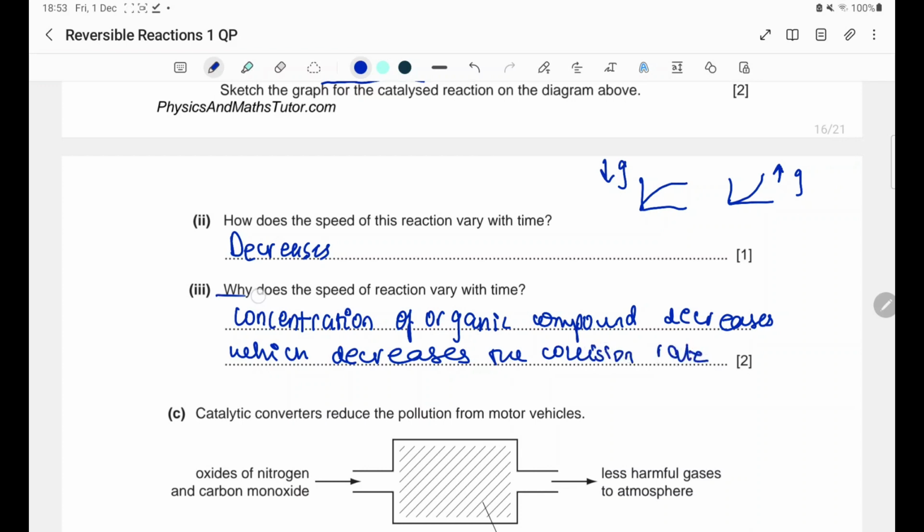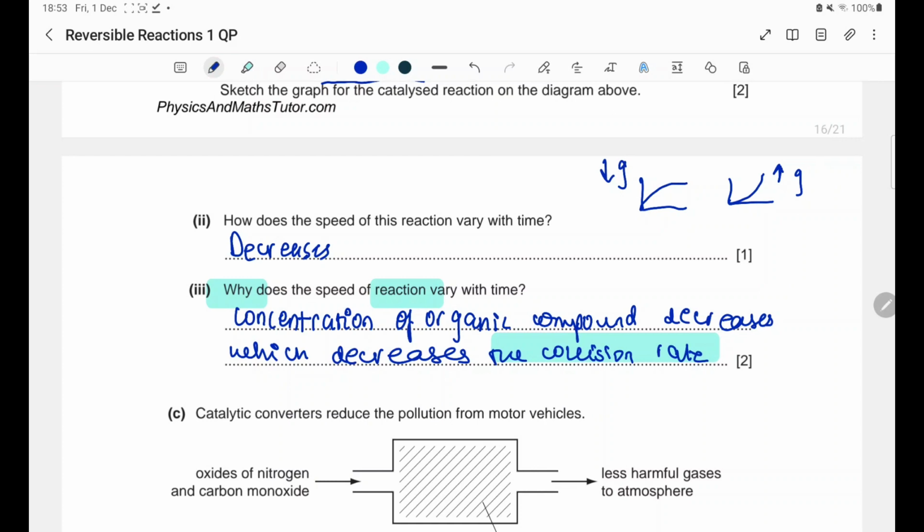Usually the why questions with reaction rate, and you can put this as a note in your head, basically mean that you have to explain the collision theory. And how are you going to explain the collision theory?